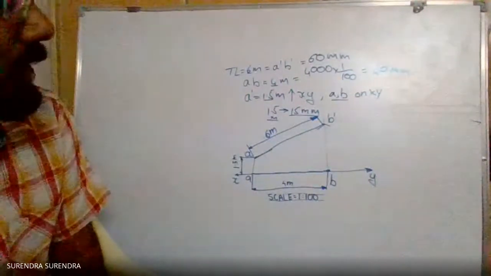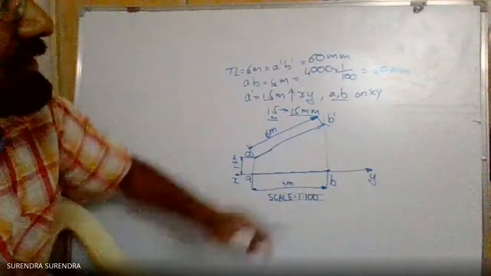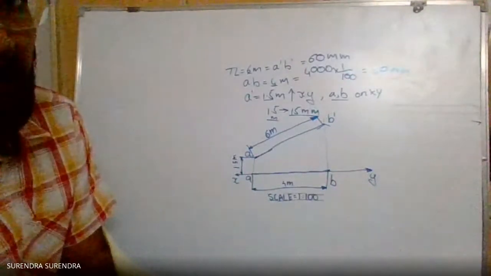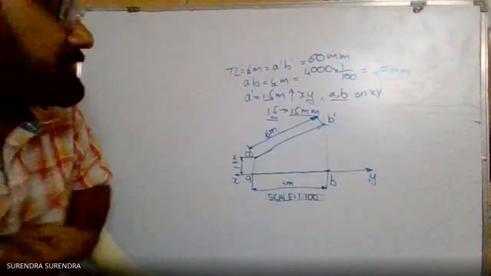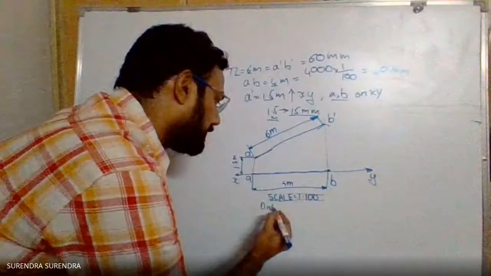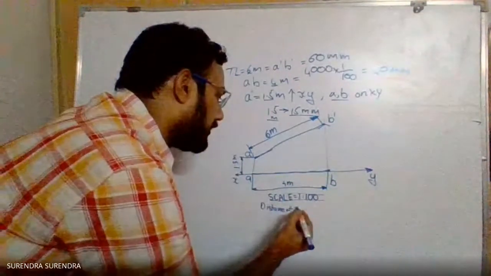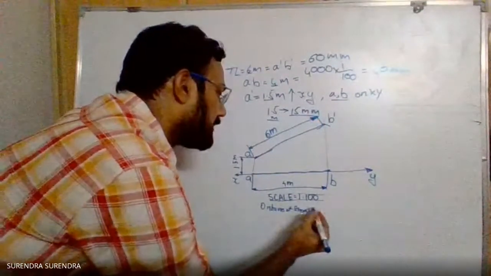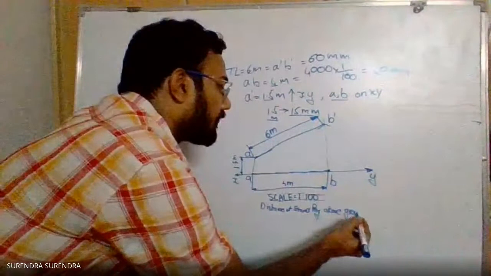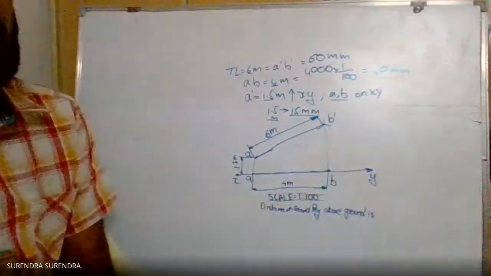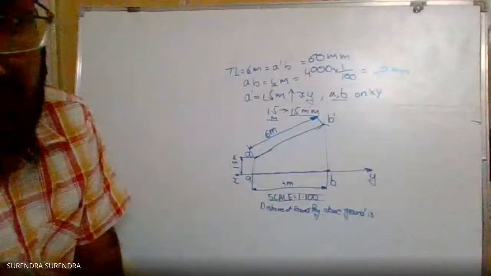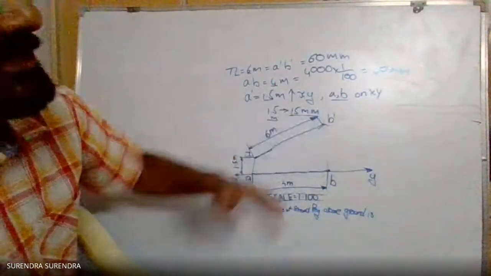Now, in the problem, he asked to calculate the distance of the second peg above the ground level. So the distance of the second peg above ground is, so be careful, if you measure with a scale, we get the value in mm.